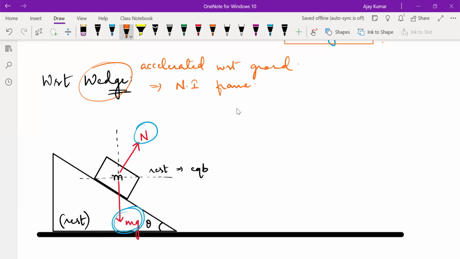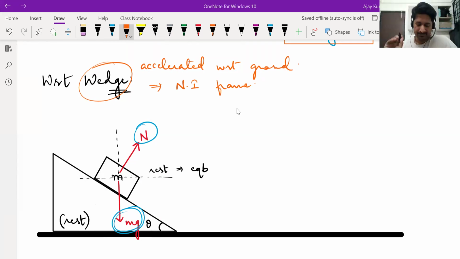And if you want to explain what is happening with respect to a non-inertial frame, you'll have to consider a pseudo force. Tell me the magnitude and direction of pseudo force.